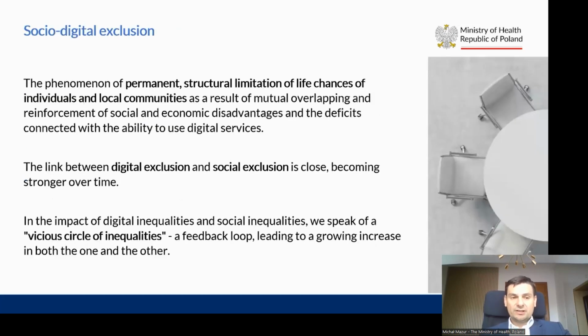In Poland, we can talk about socio-digital exclusion. It's the phenomenon of permanent structural limitation of life chances of individuals and local communities as a result of mutual overlapping and reinforcement of social and economic disadvantages and the deficits connected with the ability to use digital services.